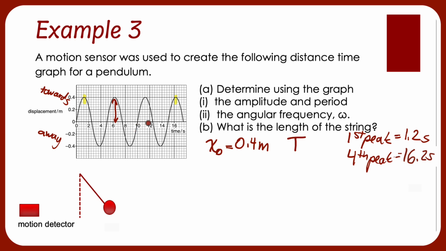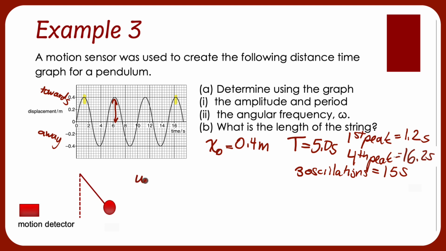Remember, one large block here has broken down into 5 pieces. This is 2, so each small square is decimal 4. This is halfway in between, so I'm going to call it 0.2. If I do this, that means that 3 oscillations will equal 15 seconds. So that means my period must be 5.0 seconds.